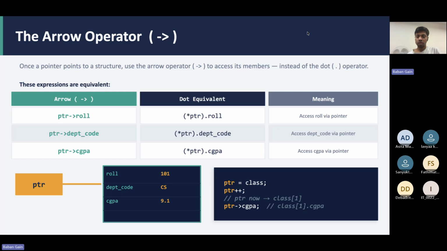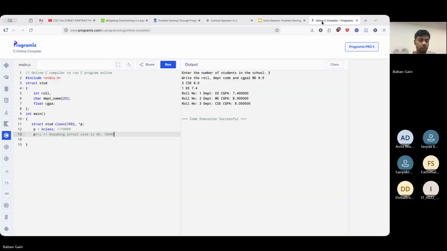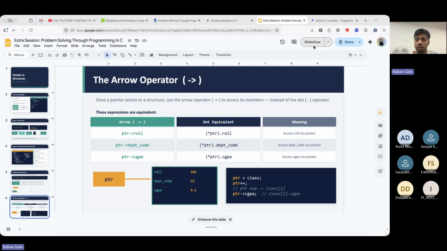Okay, now there are two ways to access the members. So far I have mostly used the dot operator, for example to access the first student's roll number: class of zero dot roll. But there is another way, the arrow operator.